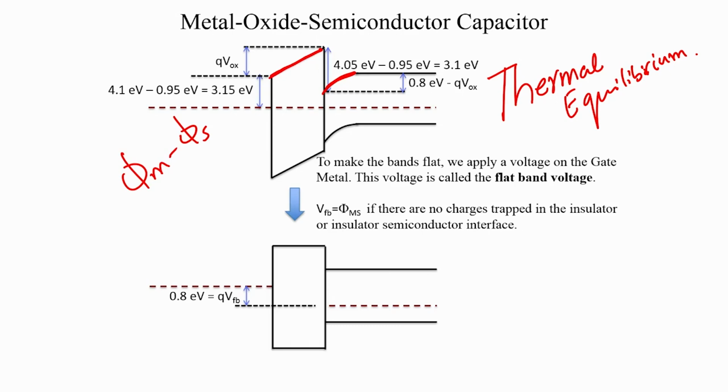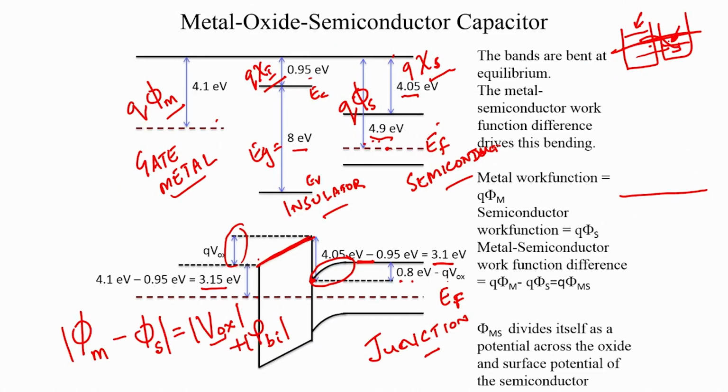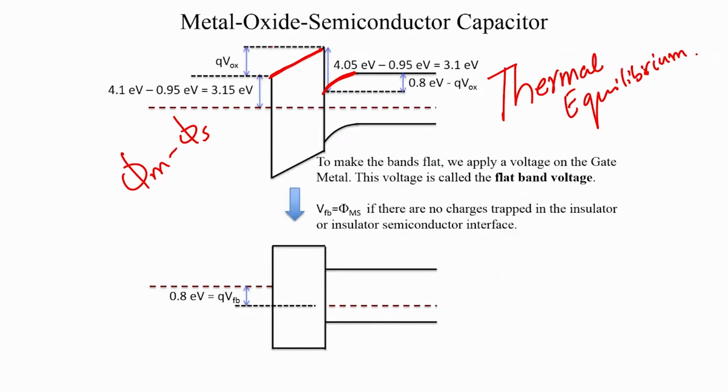Now, the question is, how do I not have any band bending? Let us say I want to make all these bands flat again. Which means that I want to get the bands back to the way they were before the junction was formed, but I want to do it after the junction has been formed.